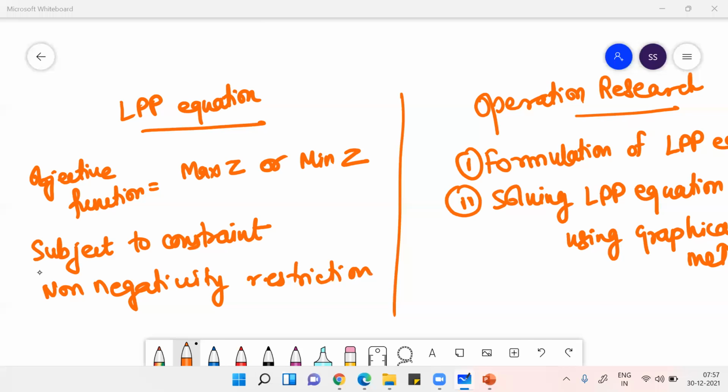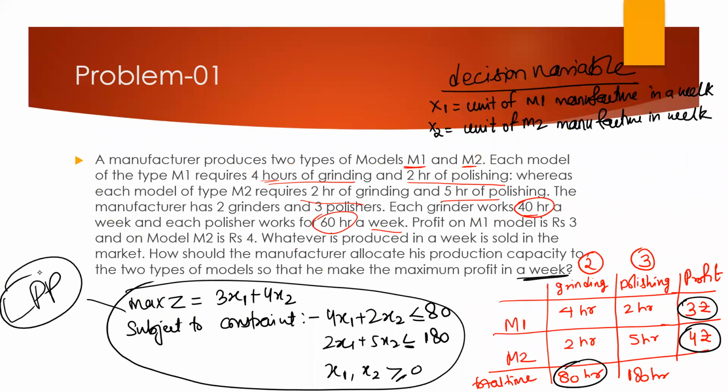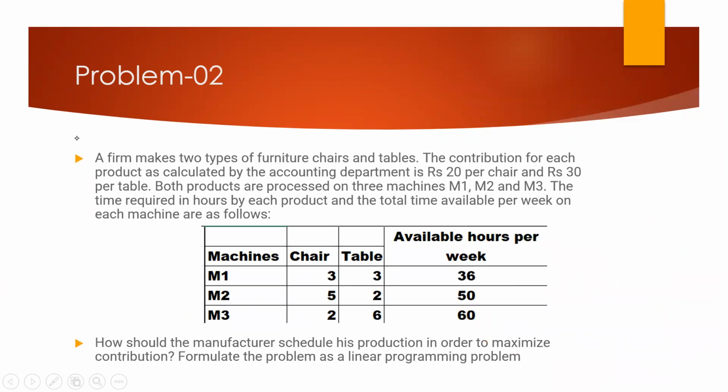Clear, right? Any question? No, sir. Try this question, the second one.